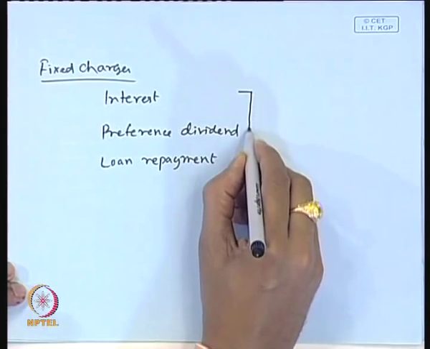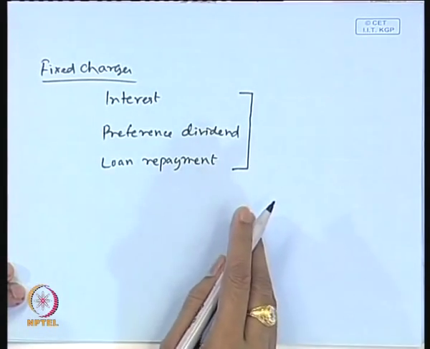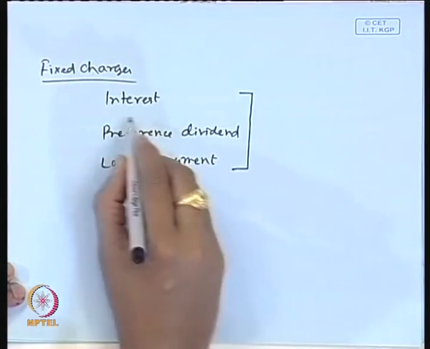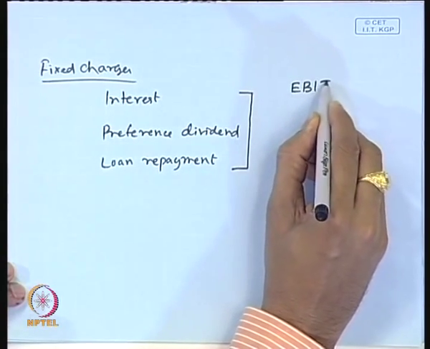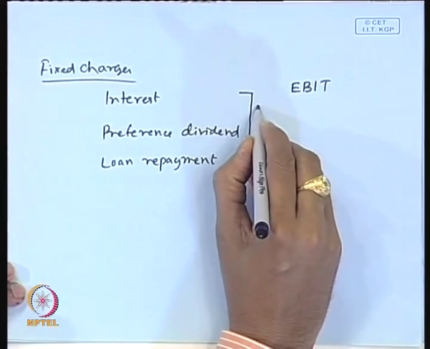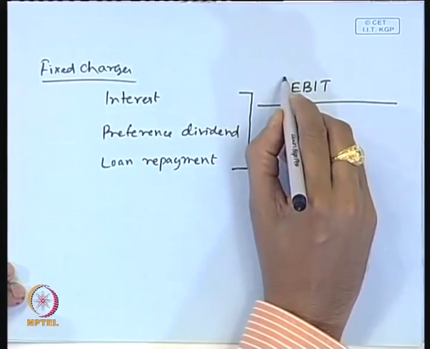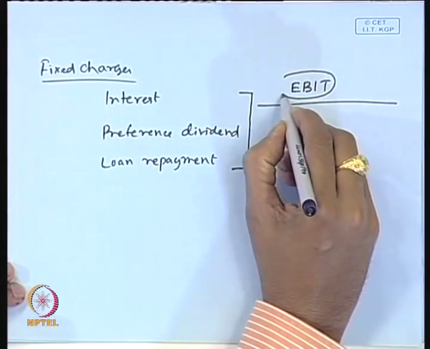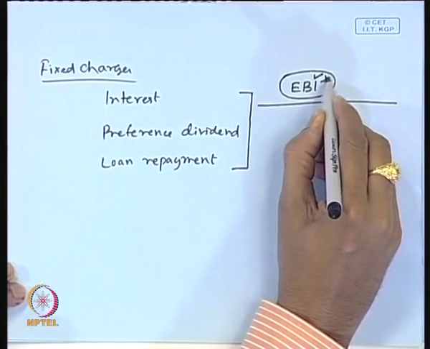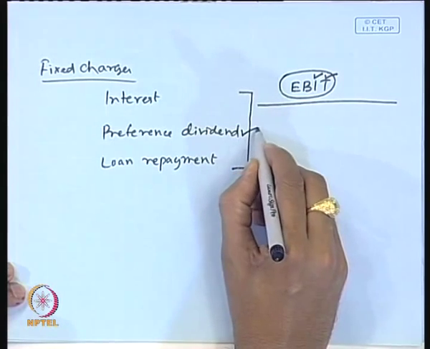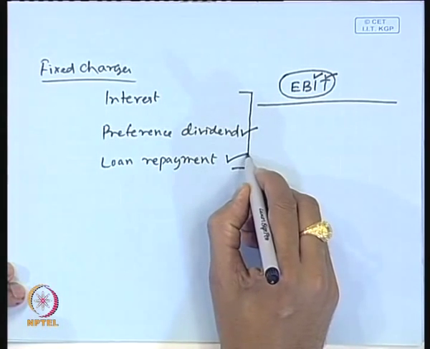So, instead of taking only interest in the denominator, here we have earnings before interest and tax as the numerator. At the end of the day, the company has to earn enough operating surplus to take care of interest, tax, preference dividend, and loan repayment.